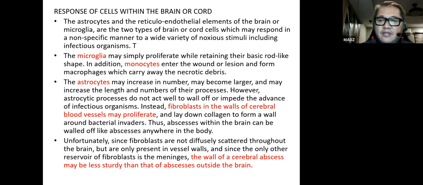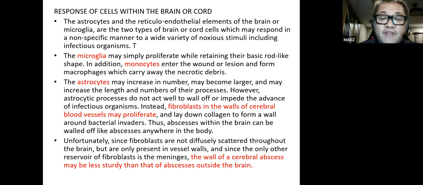This would filter the substances that pass through the blood-brain barrier. However, this function of the astrocyte is not enough to impede or to stop the infectious organism.